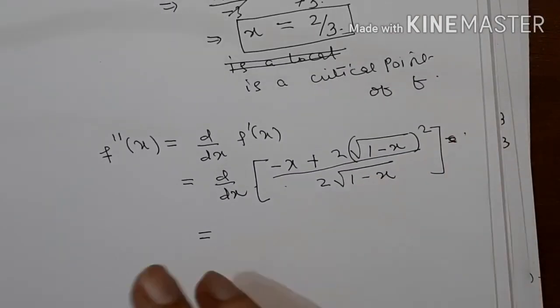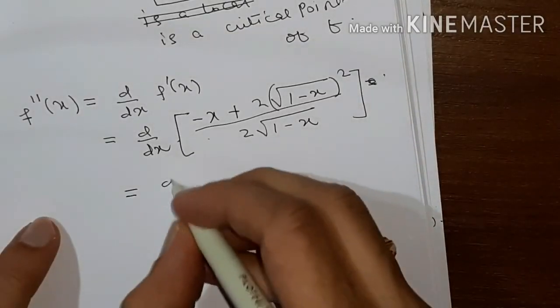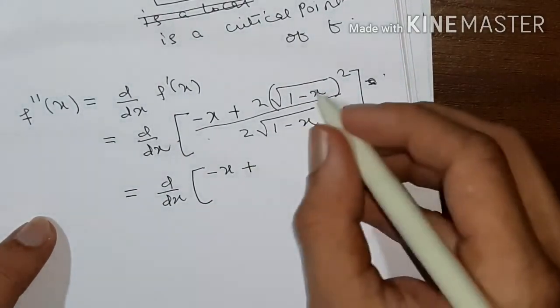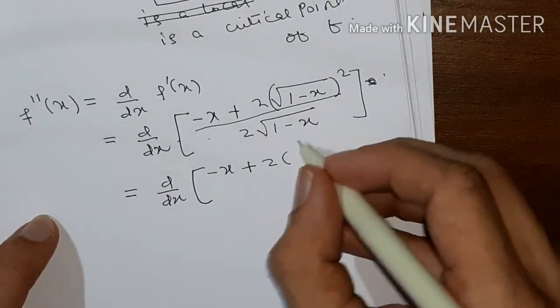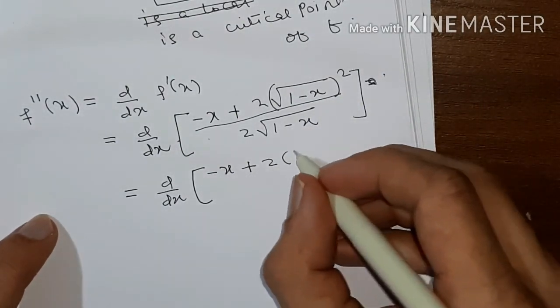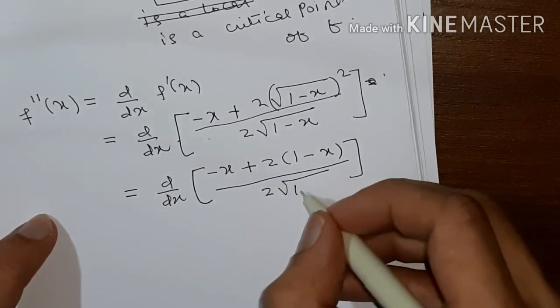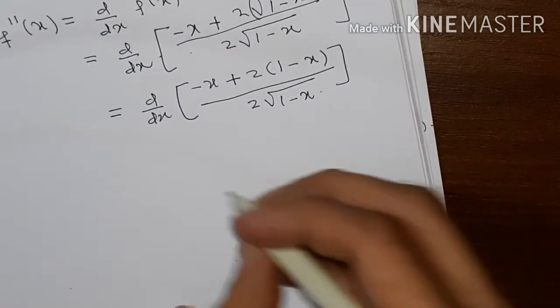So the derivative of the bracket: minus x plus, see, 2 times root of 1 minus x the whole square is what? 1 minus x, divided by 2 root of 1 minus x, right?